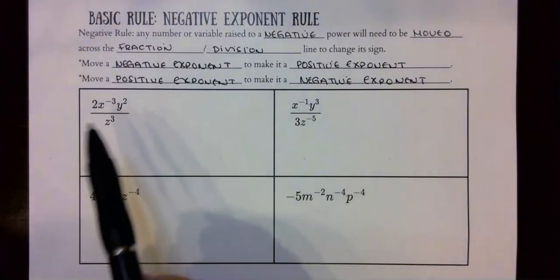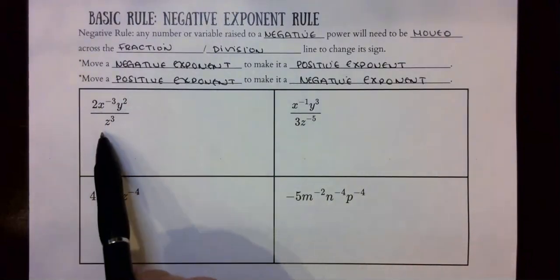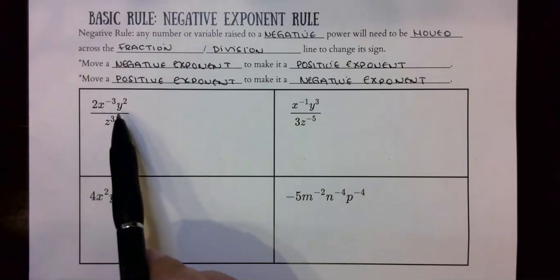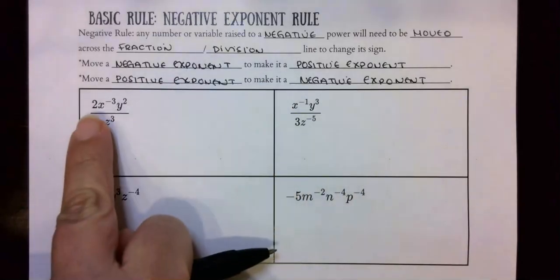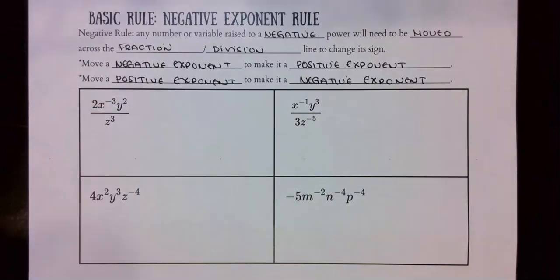The first thing I'm going to ask you to do is to separate everything. So even though we look at the 2 and the x, and we usually think that they go together because that's how it has been when we're solving equations, right now I want you to understand and look at these problems and know that everything is pretty much separate.